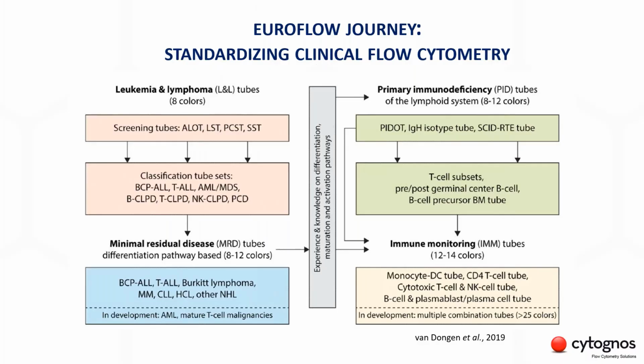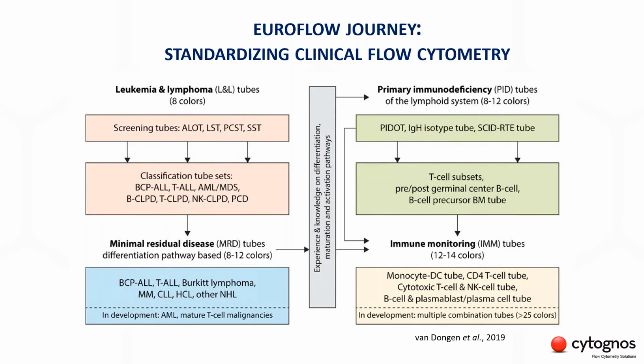So the EuroFlow method is a screening approach looking to use fewer antibodies at first to narrow down the malignancy. Those are the screening tubes, and then a following classification panel for further differentiation. They started with the leukemia and lymphoma panels on the left part, followed by the MRD panels to monitor patients.